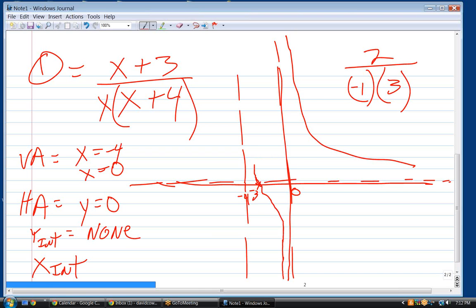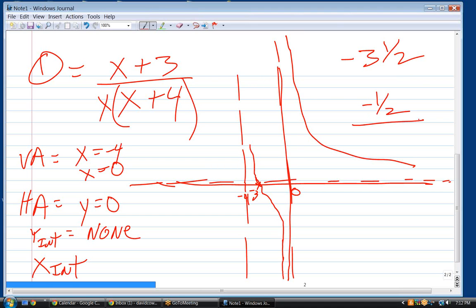And then let's check a number to the left of -3 and not quite the -4 to make sure this thing keeps going. I'm sure it will. So if we check -3.5, let's make sure that result is positive. Well, that gives you -0.5 in the numerator, -3.5 times a positive half.